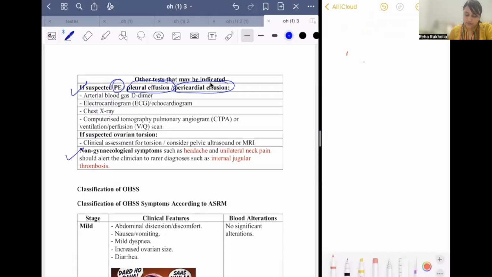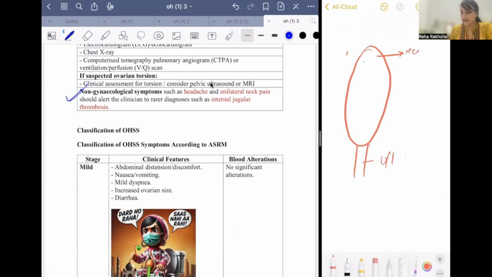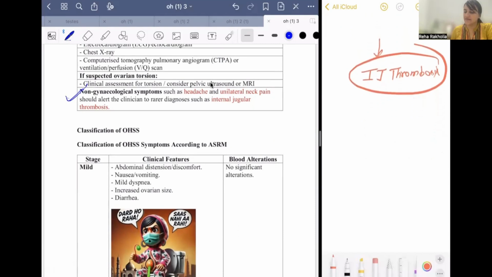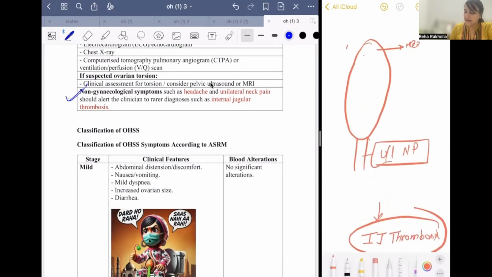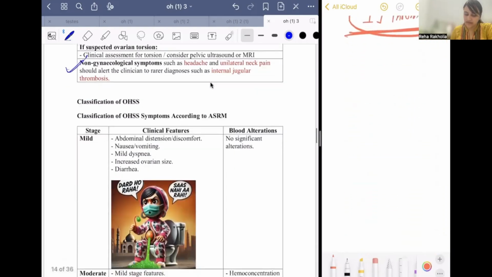For non-gynecological symptoms such as headache, unilateral neck pain, if there is headache and unilateral neck pain, then we should be alert because it may be internal jugular vein thrombosis, because thrombosis also is a complication of OHSS. Then we'll talk about the classification of OHSS.